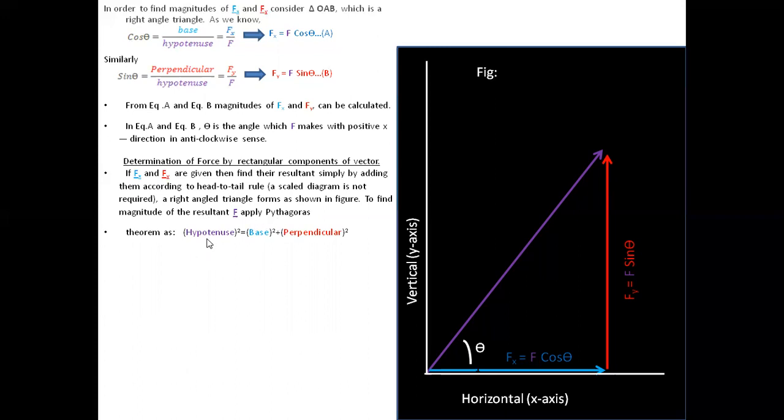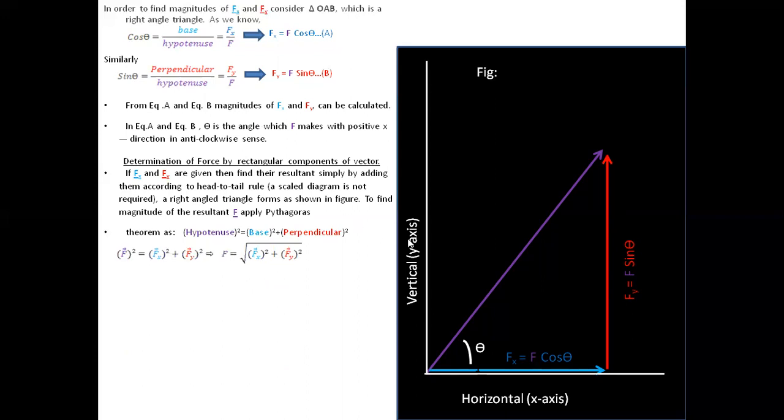Pythagoras theorem says hypotenuse square is equal to base square plus perpendicular square. What was the hypotenuse? F. What was the base? fx. And the perpendicular? fy.